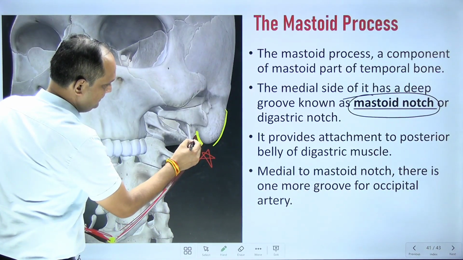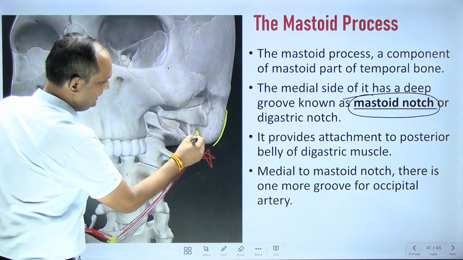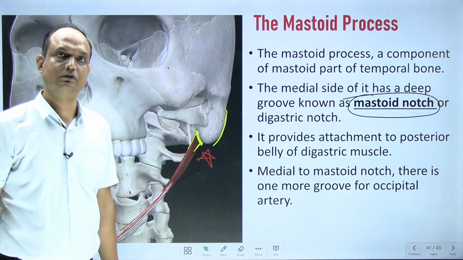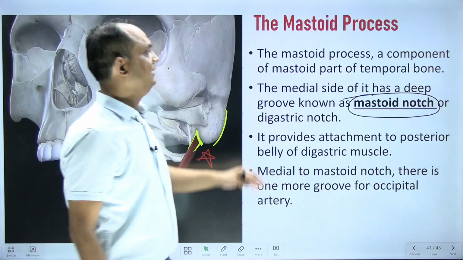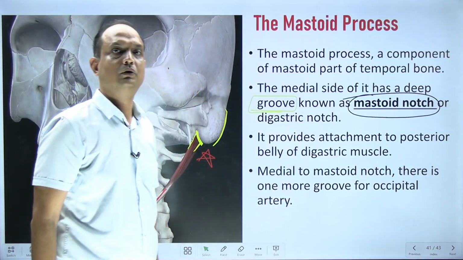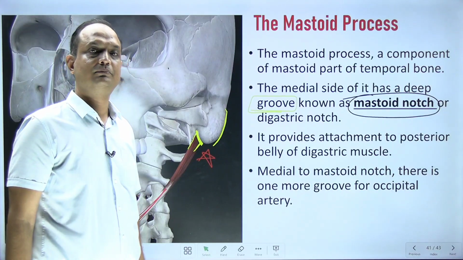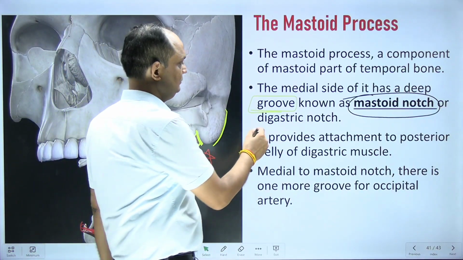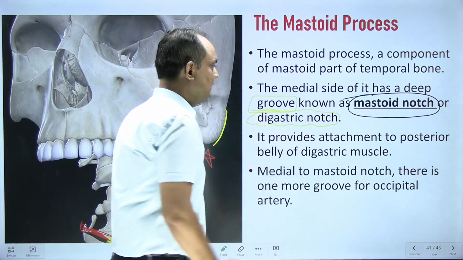So you can see that it is attached on the inner side of mastoid process, which is known as mastoid notch. So the question is: which structure lies in the groove or the notch present on the inner side of mastoid process? Answer is posterior belly of digastric, and that's why this is known as digastric notch.